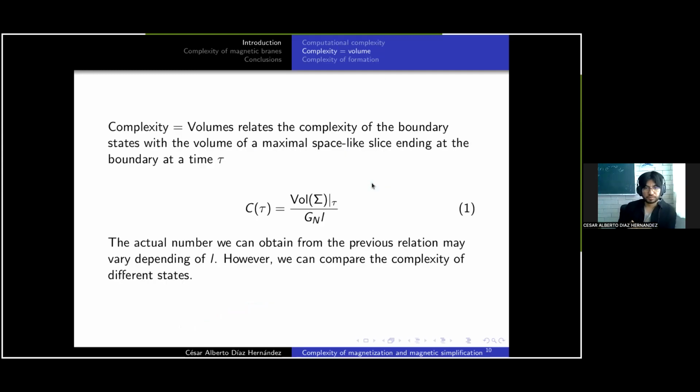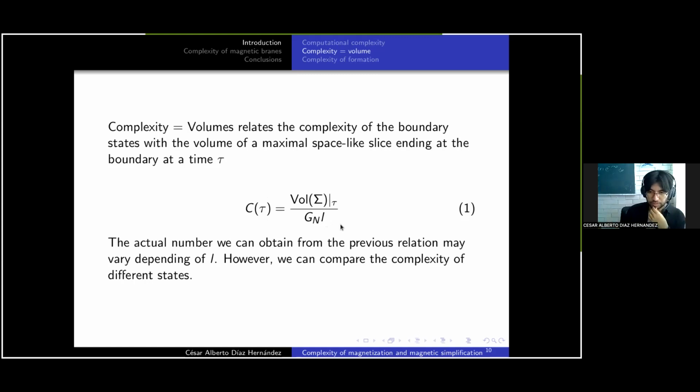Okay, so the complexity equals volume relates this complexity of the boundary states with the volume of a maximal space-like slice ending at a boundary at a time that we call tau. There are some proportionality constants here, where G_N is the Newton constant. And this L is a length scale.